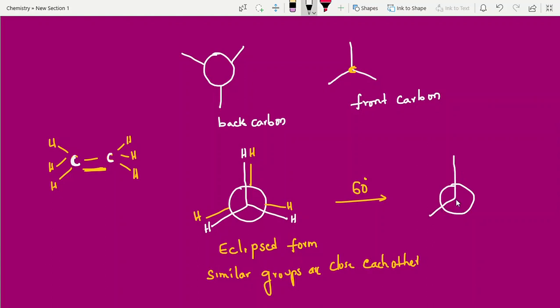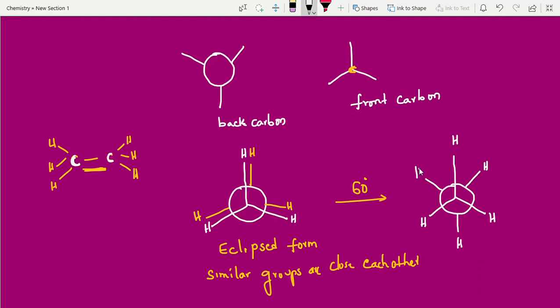The front carbon I have fixed, so those hydrogens, written in white color, are not changing. Now I am rotating the back carbon. Once I rotate 60 degrees, this hydrogen comes here, this hydrogen comes here, and this hydrogen moves to this side.